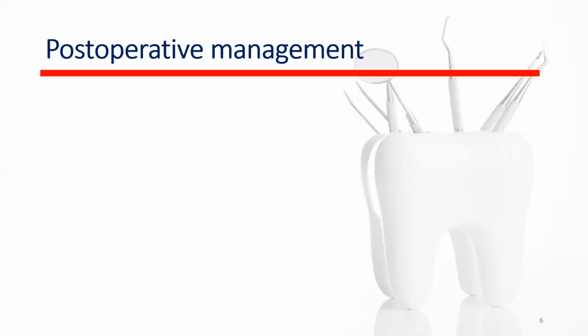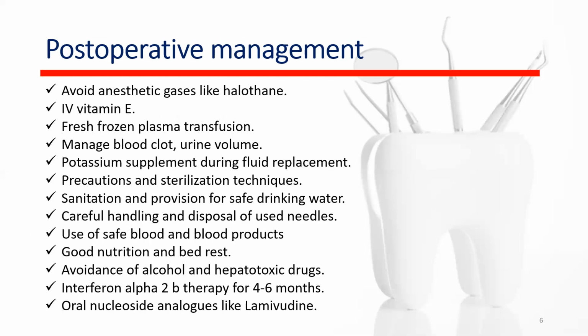Post-operative management in a hepatitis patient can be done by avoiding anesthetic gases like halothane, intravenous vitamin E administration, fresh frozen plasma transfusion, managing blood clot and urine volume, potassium supplement during fluid replacement, precautions and sterilization techniques, sanitization and provision for safe drinking water, careful handling and disposal of used needles, use of safe blood and blood products, good nutrition and bed rest, avoidance of alcohol and hepatotoxic drugs.